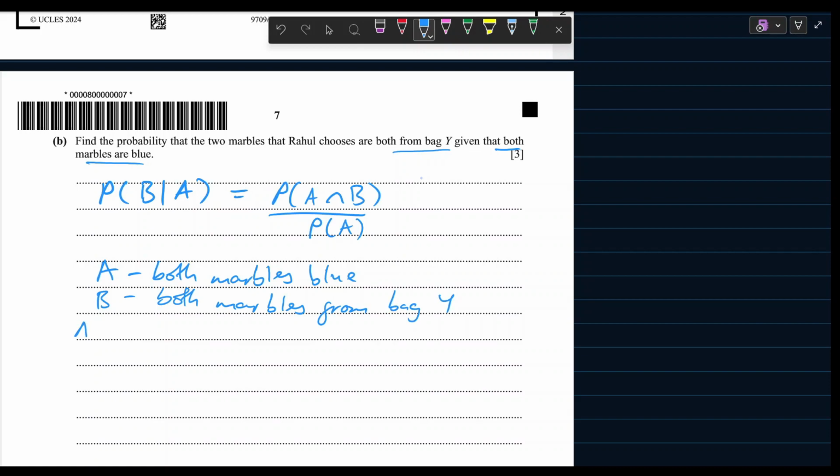And so the intersection of A and B is both marbles blue and both from bag Y. So let's start by finding the probability of A, the probability that both marbles are blue.